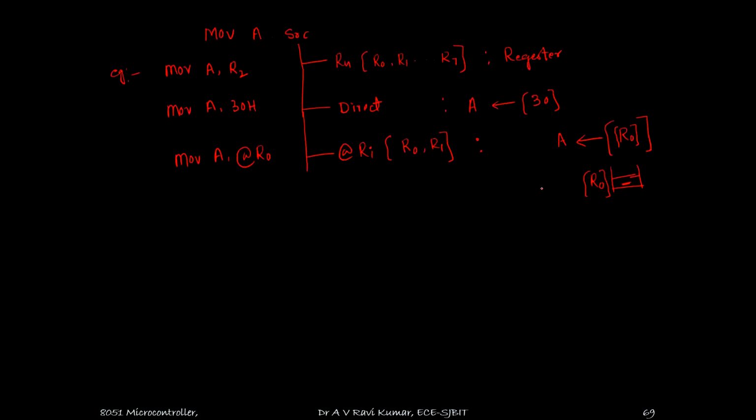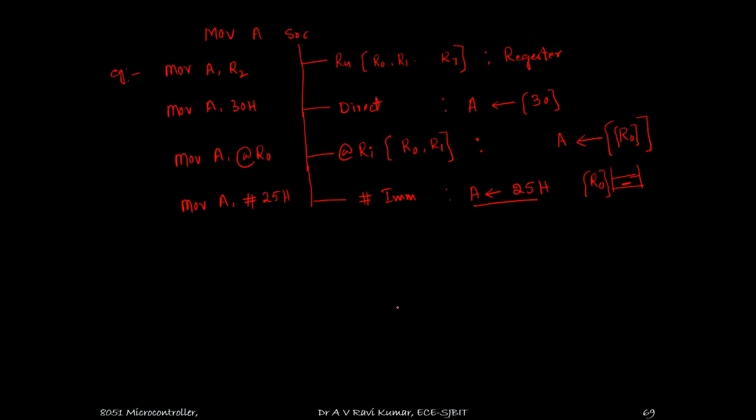Next we have one more example, which indicates immediate addressing. For example, MOV A, #25H. This is immediate data, and it is copied to the accumulator. The value 25H is copied into the accumulator.